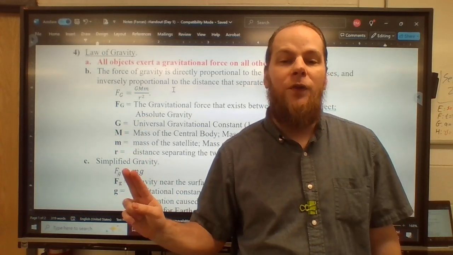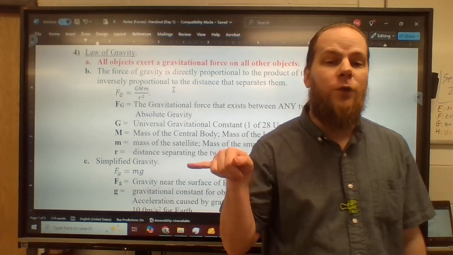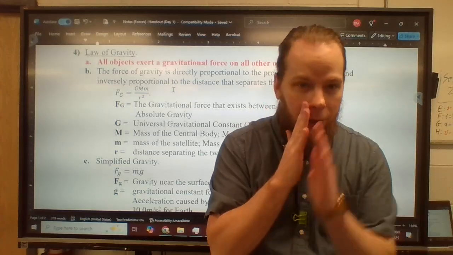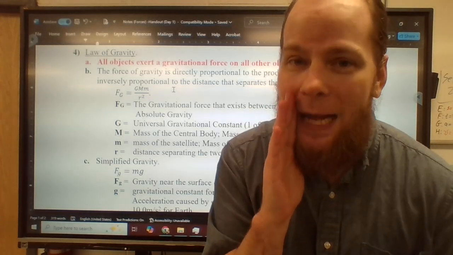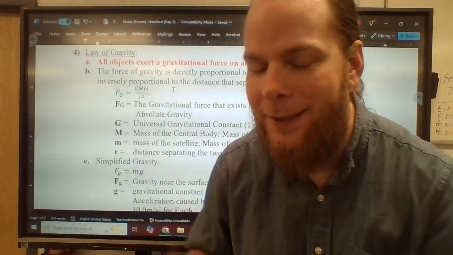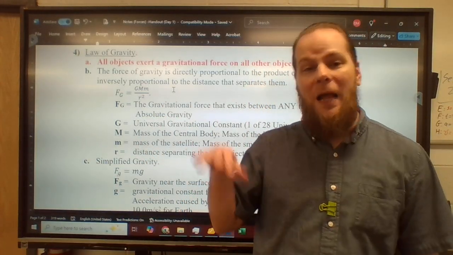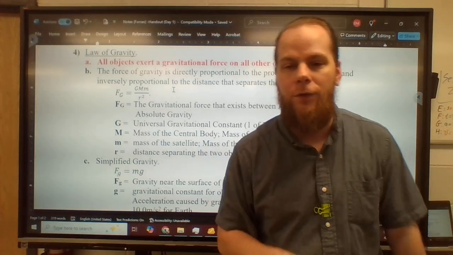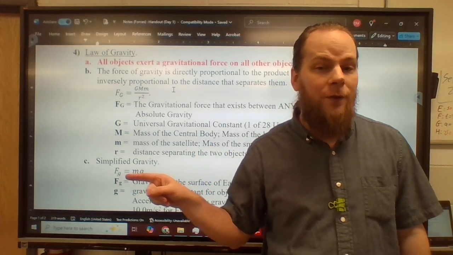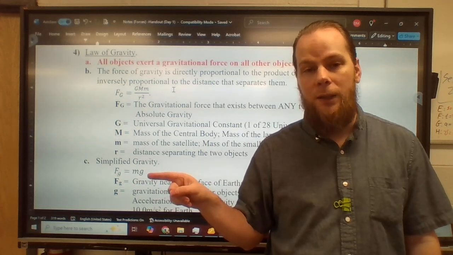Okay, then we have the simplified gravity equation, which is where all of our actual calculations for this unit are going to be. Yes, you will have to do some conversion tables in this unit. We'll get to those later, though. That's the last topic for the unit, the calculations. Okay, so this is F little g equals little m little g.